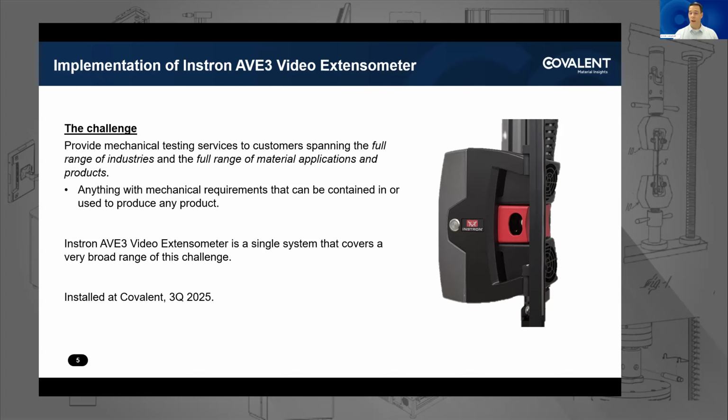That's a pretty broad range. No single piece of equipment is going to do all that. But from an extensometry perspective, we have found that the AVE3 is a single system that can cover quite a broad range. And so we installed this instrument in the third quarter of 2025, and we've had about a year working with it, doing projects.